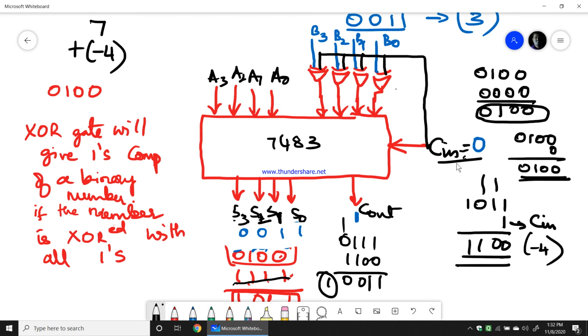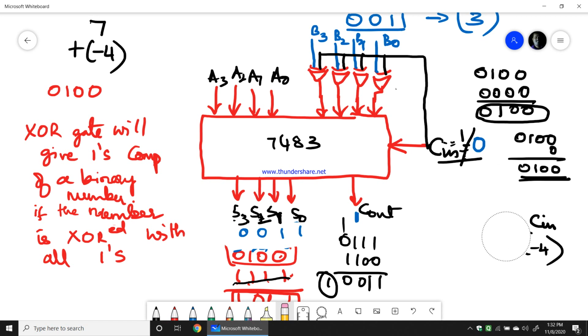So when Cin equals 0, the same circuit I have drawn for the parallel subtractor can also be used as a parallel adder. So if you are designing using PSpice or any other tool, you construct this circuit only and you keep switching between Cin equals 1 for subtractor or 0 for adder. So I'll just write it properly.